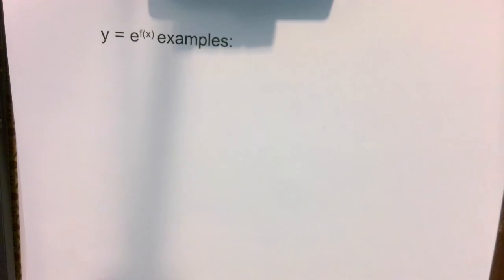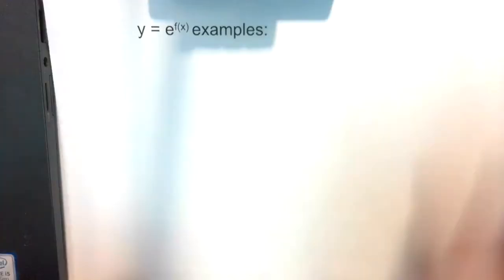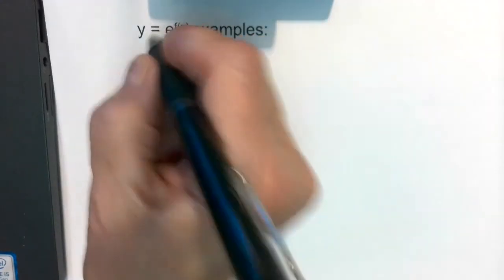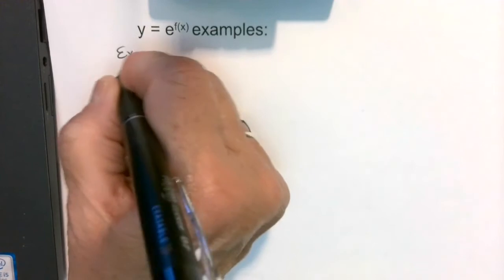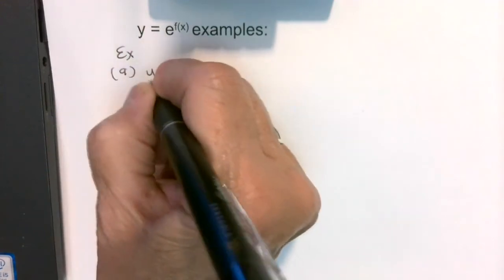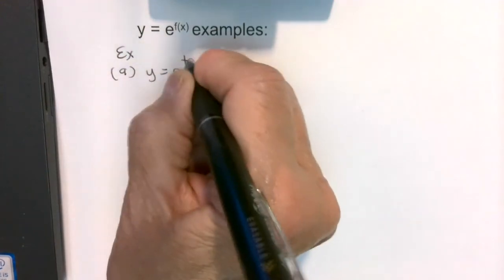We should do these examples because this is very common. The e to the x examples. So for the first one, y is equal to e to the 10x.